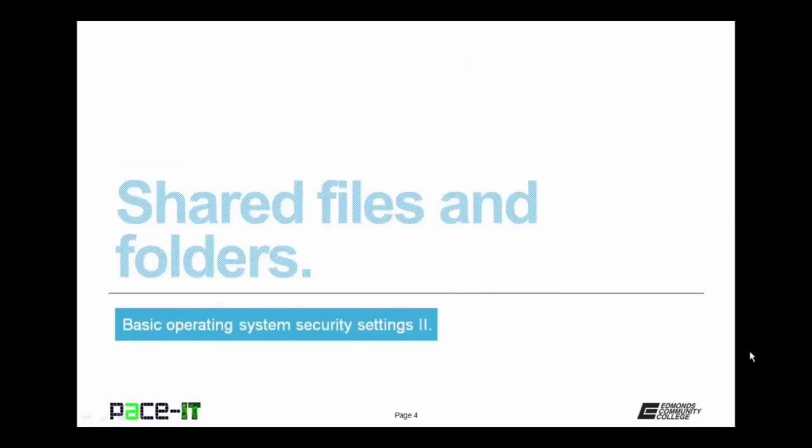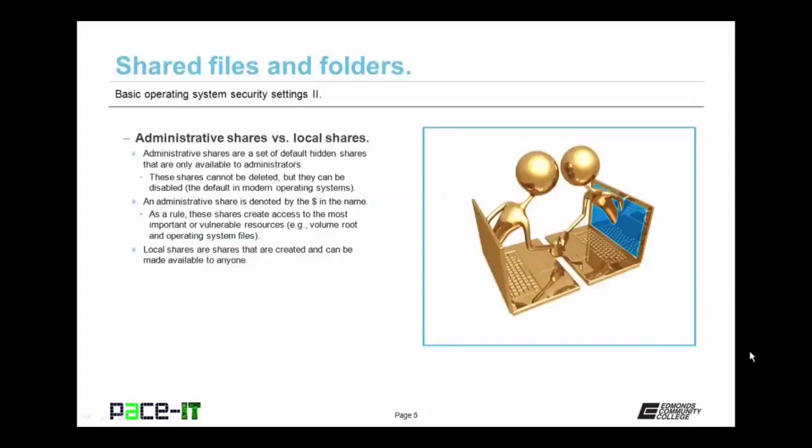Let's begin by talking about shared files and folders. When we start talking about shared files and folders, the first thing we need to be made aware of is that there are administrative shares and there are local shares. Administrative shares are a set of default hidden shares that are only available to administrators. These shares cannot be deleted, but they can be disabled, which is the default in the modern operating system.